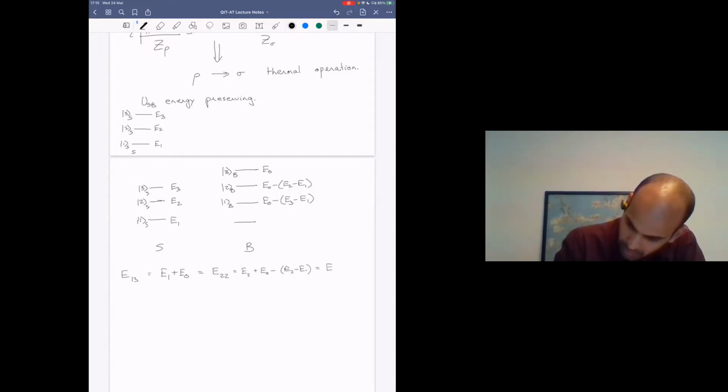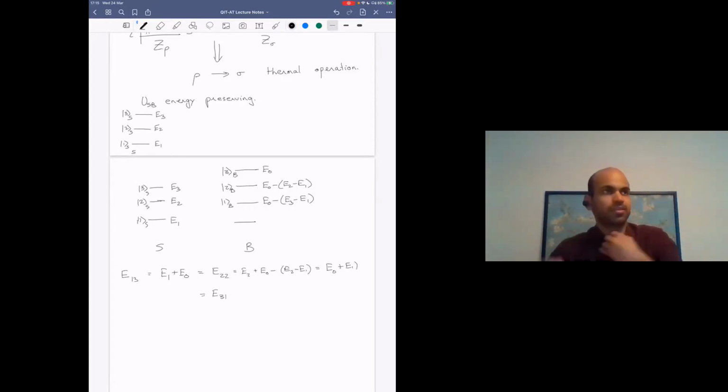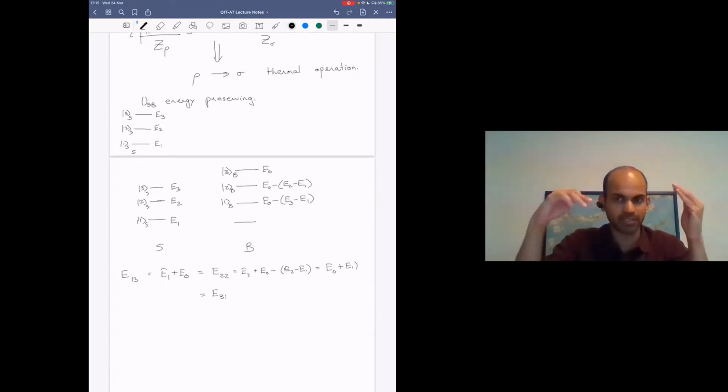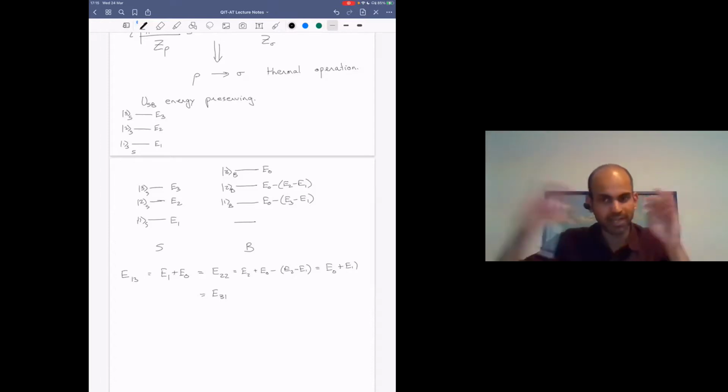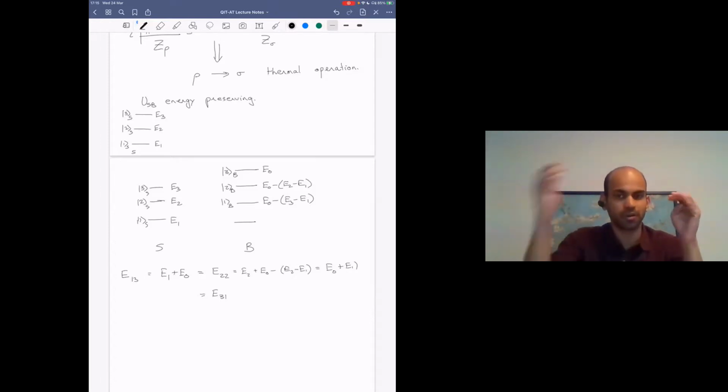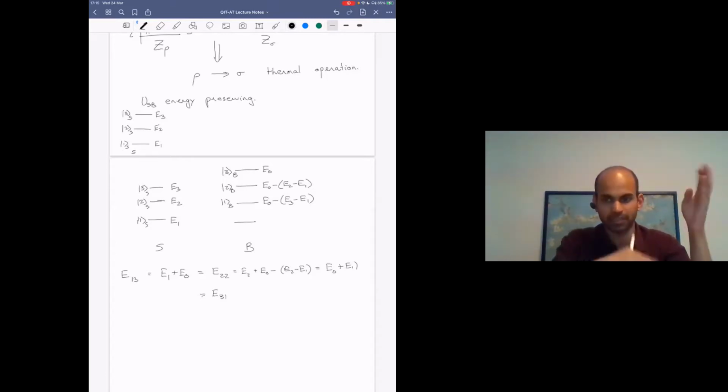So this is also E0 plus E1, and that's the same as the energy level of state 3, 1. So what I've done now is I've created a degenerate subspace. In the joint state of the system and bath, we have 3 energy levels whose populations we can move around. And effectively moving populations around these 3 states, once I trace out the bath at the end of the operation, will correspond to moving populations around on the system.